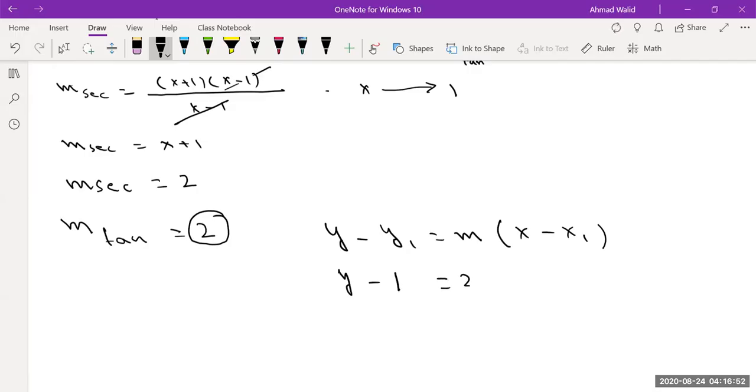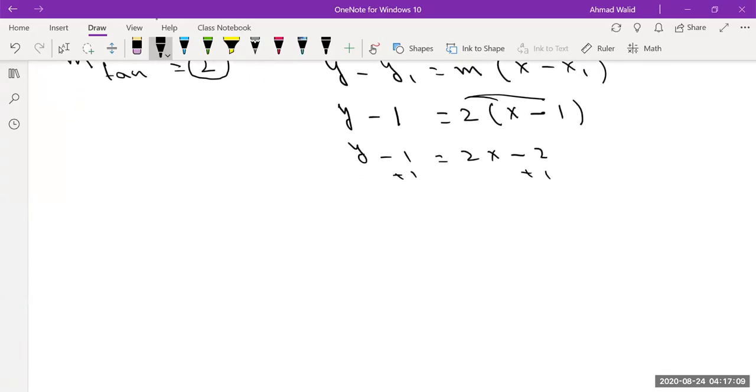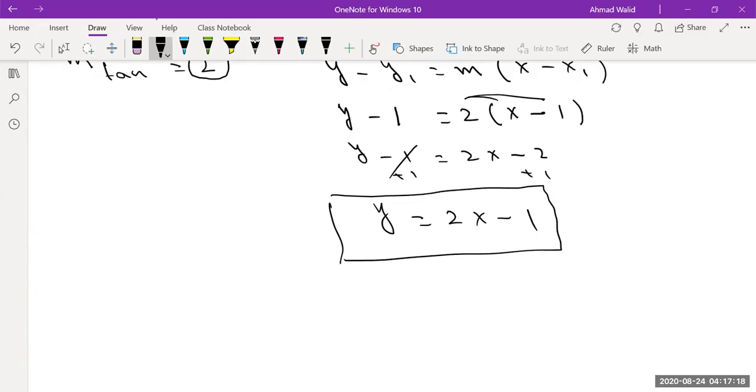Equals m, 2, times x minus x1, x1 was 1. Distribute 2, y minus 1 equals 2x minus 2. Add 1 to both sides, then y equals 2x minus 1. This is the equation of the tangent line.